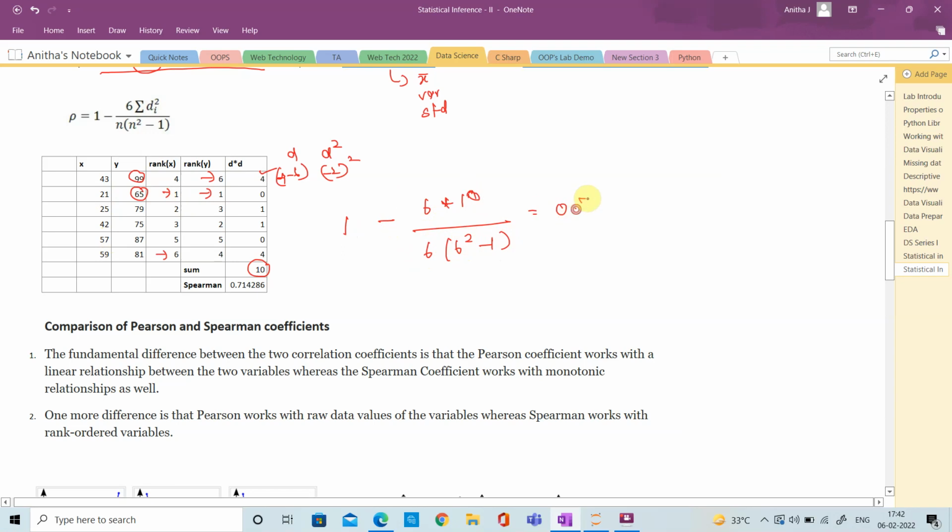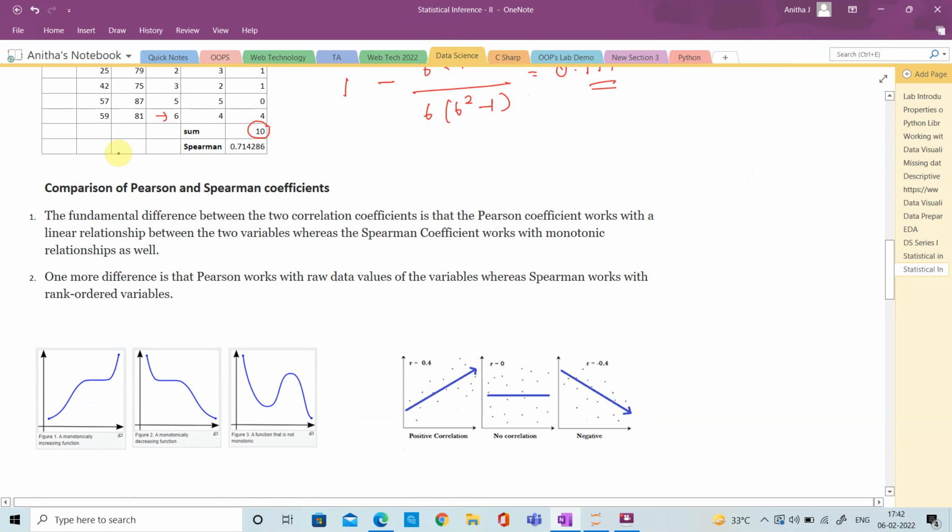So this will yield the result of 0.714286. So this is again confirming it is a positive correlation between the variables x and y.